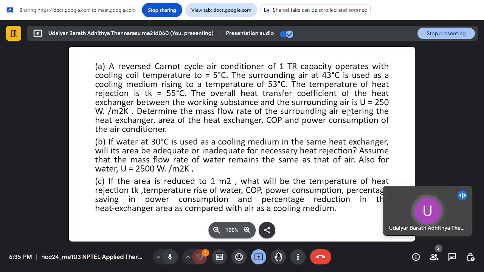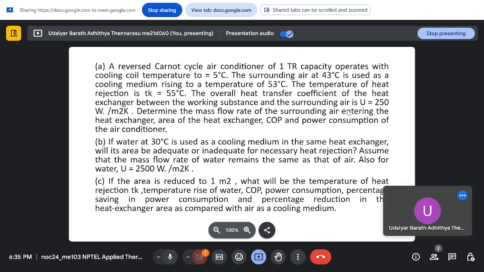The cooling coil temperature is your evaporator temperature, required at 5 degrees Celsius. The surrounding air at 43 degrees Celsius is used as a cooling medium, rising to a temperature of 53 degrees Celsius. The temperature of heat rejection is 55 degrees Celsius.